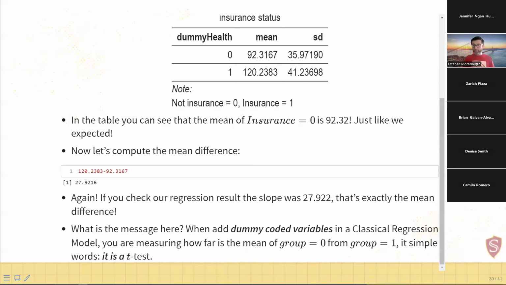The other thing that is important is that now we are able to add multiple predictors by doing a regression model. In a t-test, we cannot do that. In a t-test, it's impossible. The t-test is a restricted model, right? But regression is not restricted. You will be able to add multiple explanations that could be related to your outcome.